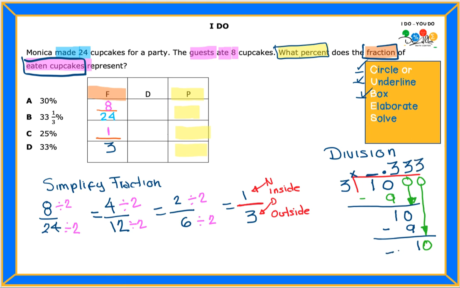And you see how this pattern keeps repeating? So that's why we have this little line on the top that means the decimal keeps repeating. So the decimal here will be 0.3333, like that. That will be the decimal.